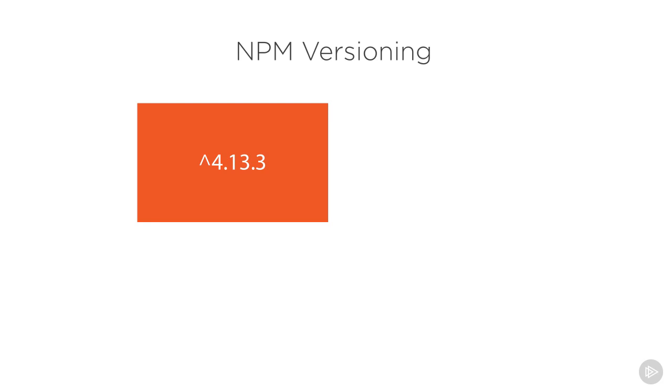But we know new versions of Express are out because we installed 4.15, right? So what the caret means is I'm going to keep the 4 and I don't care about anything else. So that if I do an NPM install, I'll get 4.14 or 4.15 or 4.16, whatever works. And as long as it's the same major version, it's just going to take the latest.